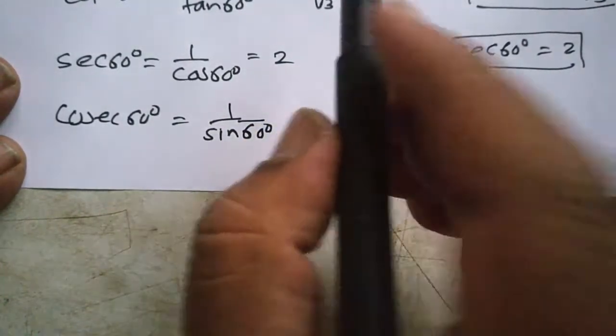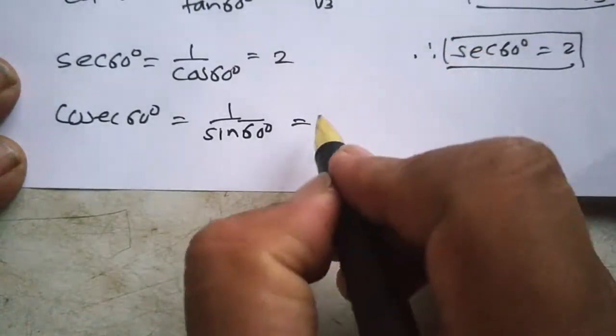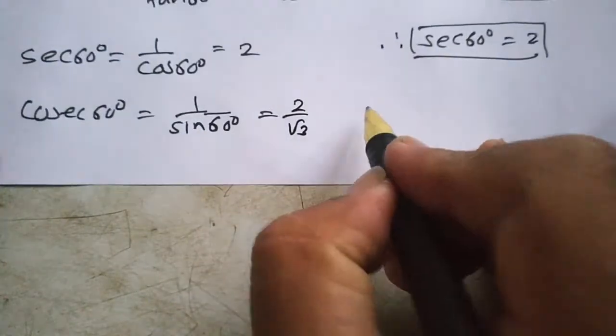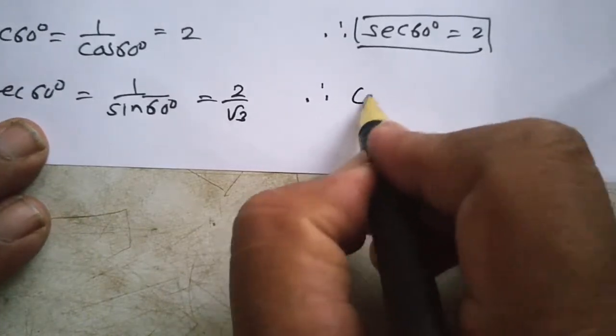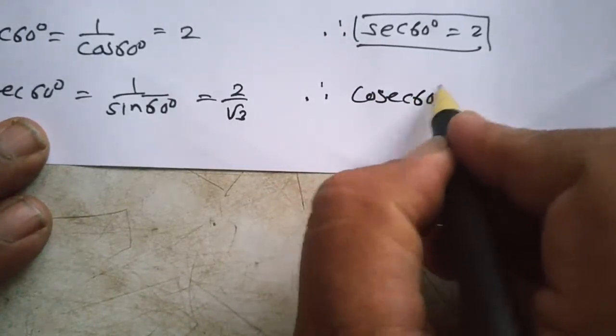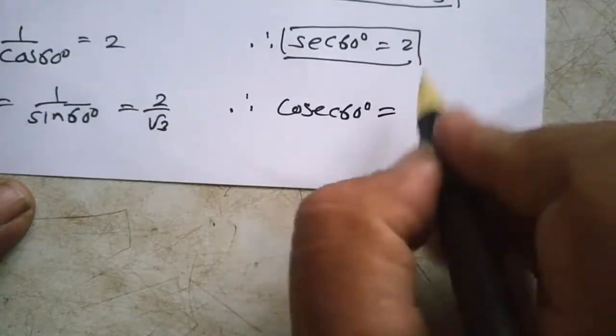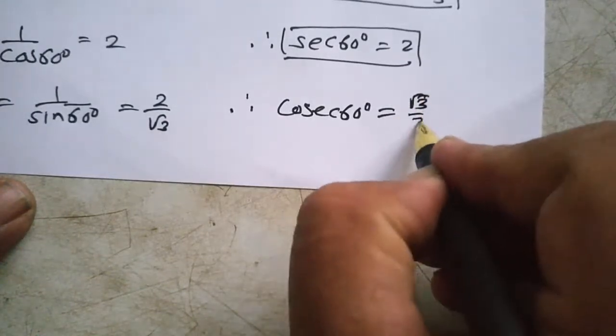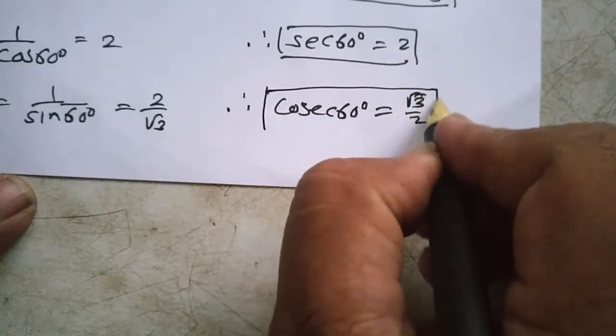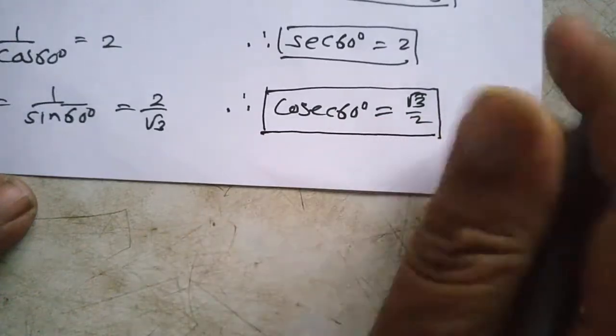Sine of 60 degree is root 3 by 2. Reciprocal is 2 upon root 3. Therefore, cosec of 60 degree is equal to 2 upon root 3. In this way, we find the trigonometric ratios of 60 degree.